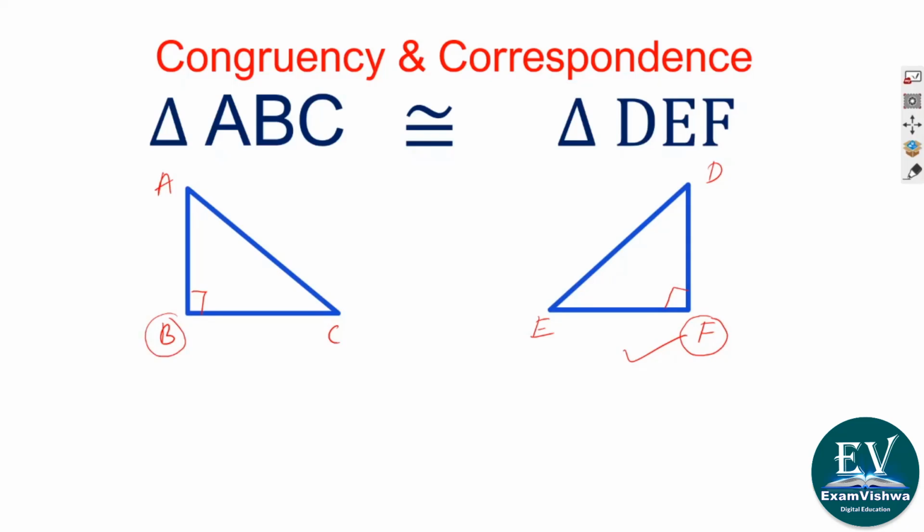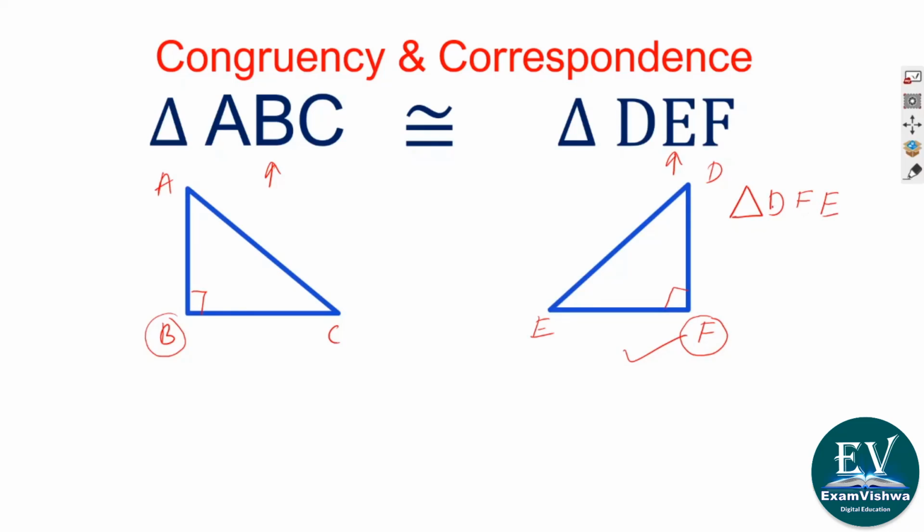A can be corresponding to D, angle D, or vertex D. But vertex B does not correspond to the second one here, E. It is corresponding to F. So the name of the triangle in this case must be A corresponds to D, B corresponds to F, and then C naturally will be corresponding to E.